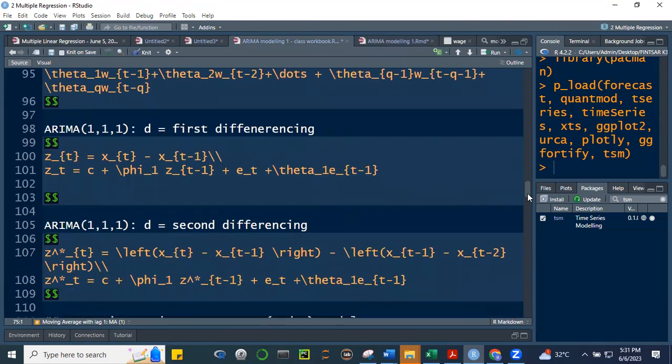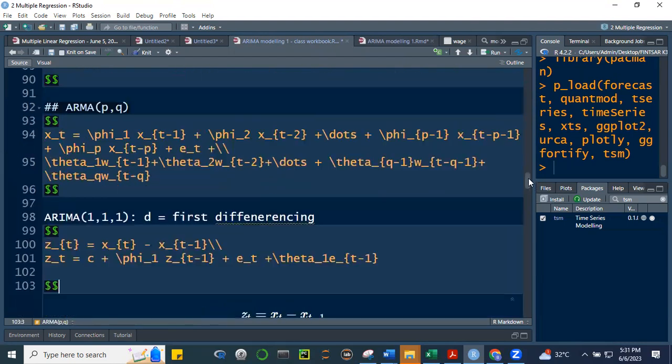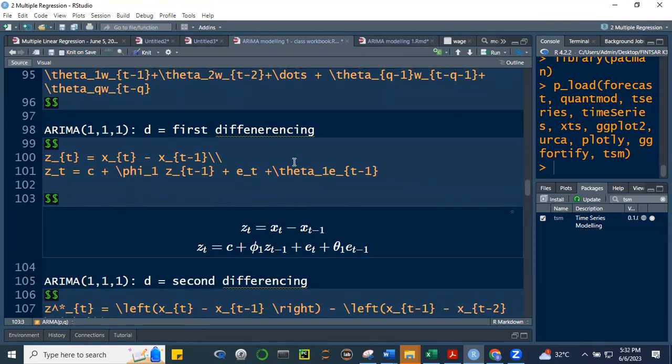Nabaliktad, no? So I think I gave this to you, no? Okay, dapat nasa kabila to eh. Okay, so let's take a look at this class. Arima 111. So what does this mean?